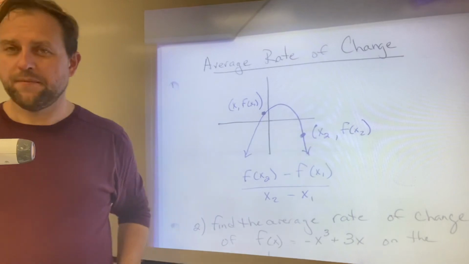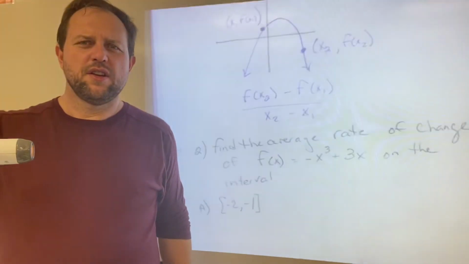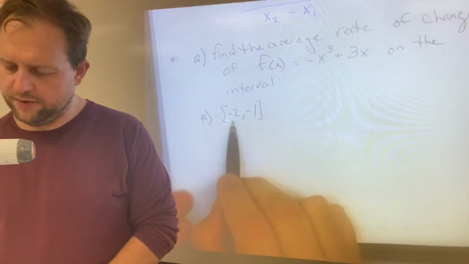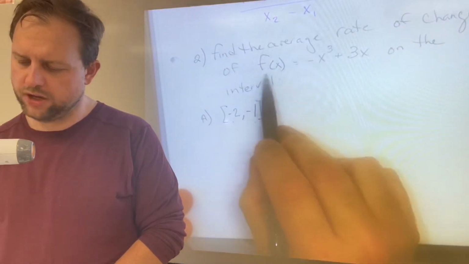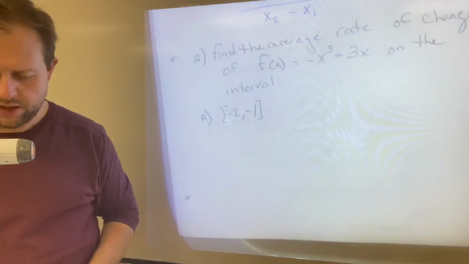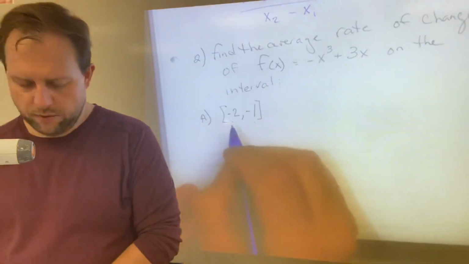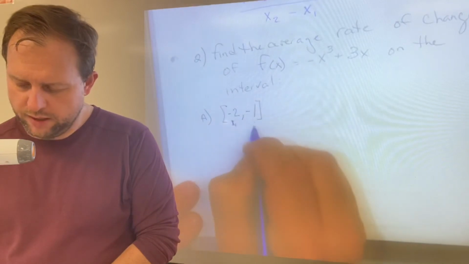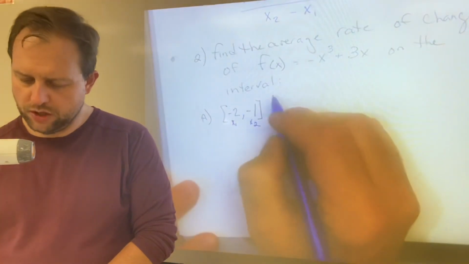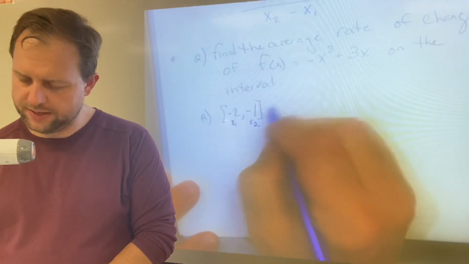Okay? So if that's our interval, -2 to -1, and the function is a negative x cubed plus 3x, this would be x1, this would be x2. So we need f of x for each of those.